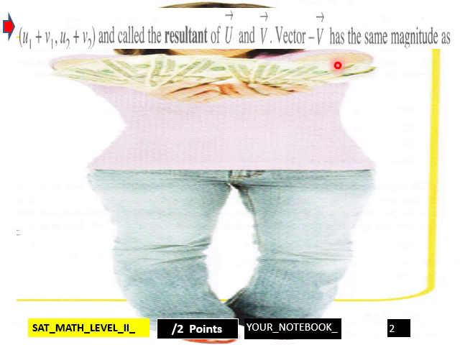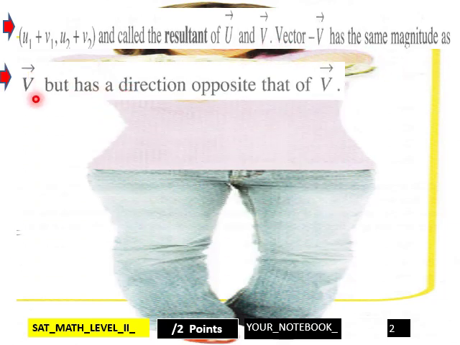Vector negative v has the same magnitude as vector v, but has direction opposite that of vector v. So we're talking about negative vectors here. It's just opposite.